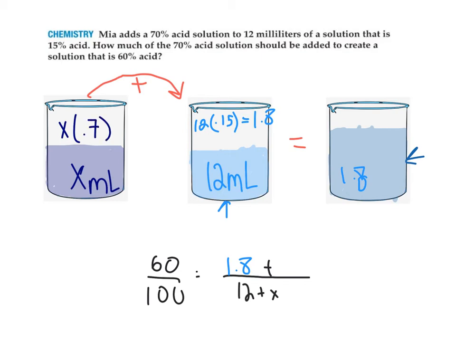So however much we put in milliliters into that second solution, we know that 70% of it was acid. So it would be 0.7x. So 1.8 milliliters from our middle solution plus 0.7x milliliters of our second solution would give us the total amount of acid in our final solution. So now we finally have our rational equation that we're going to solve on our next slide.